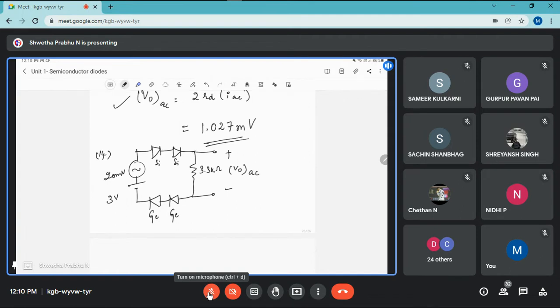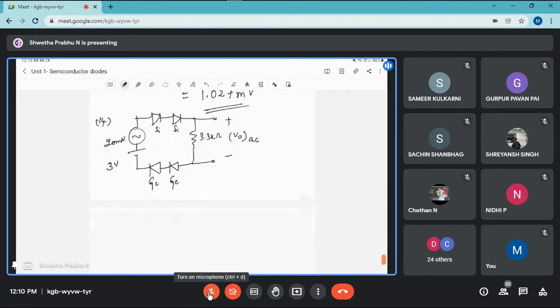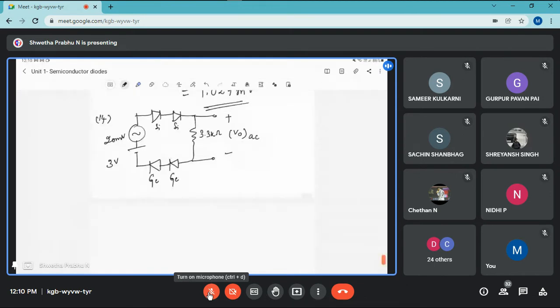This is the given question. Your job is to find the AC output voltage. Starting from step 1 up to all 4 steps, please follow all the 4 steps and tell me the final voltage with respect to AC alone.